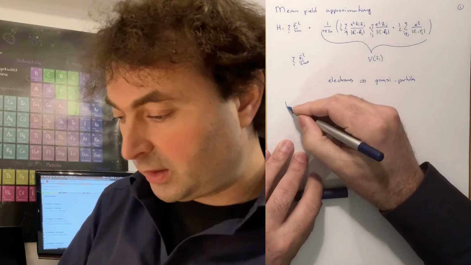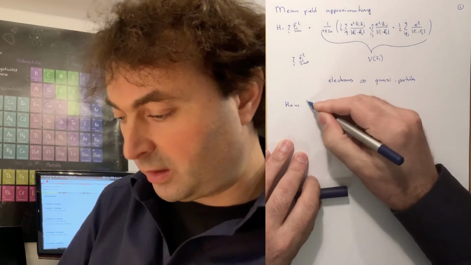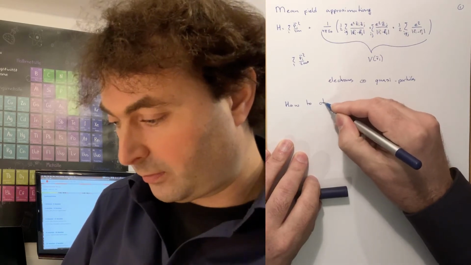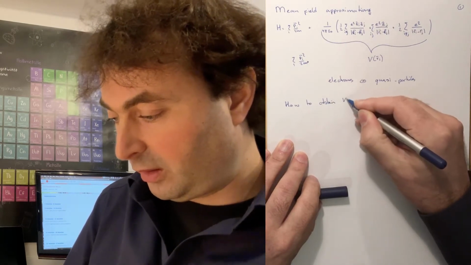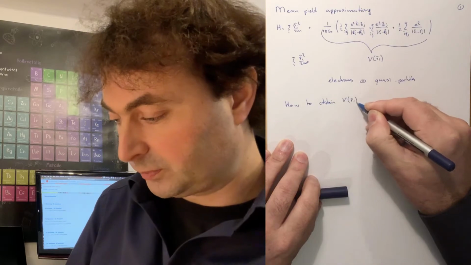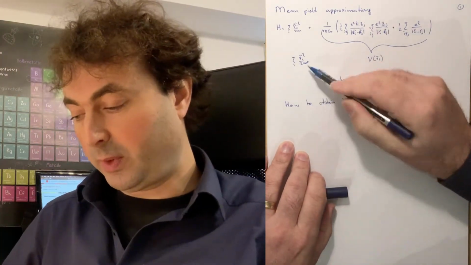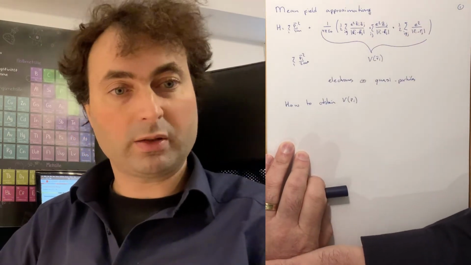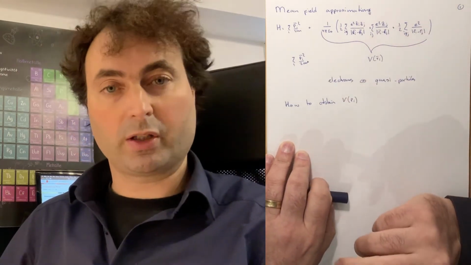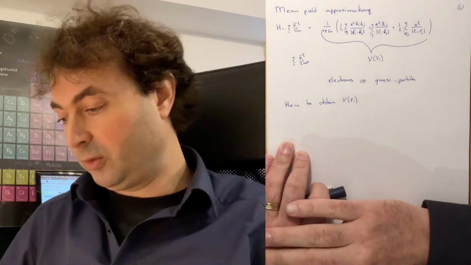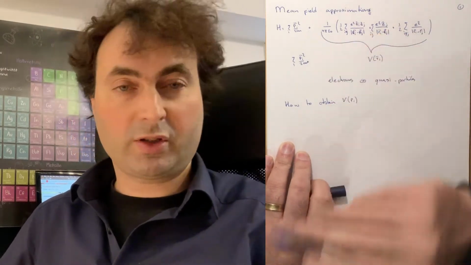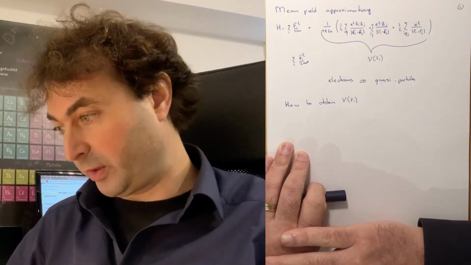So the question that we want to address here is how to obtain our effective potential. And in the lectures today we will keep m equal to the original mass, but we will introduce at some point also a correction to our total energy due to a change of the kinetic energy of the quasi-particles.